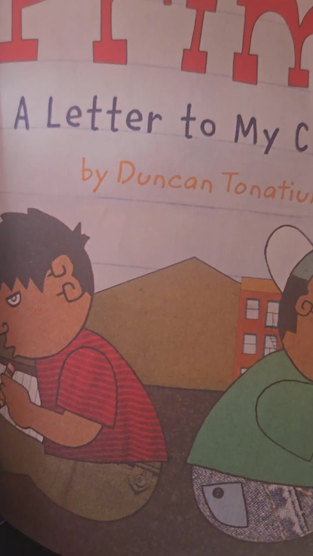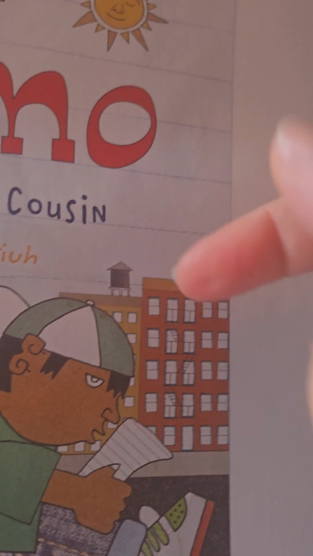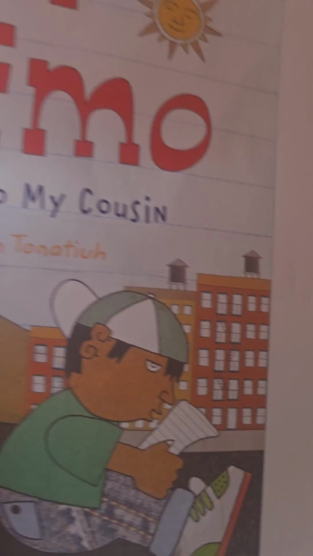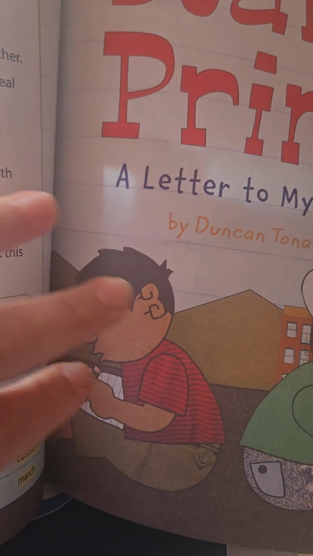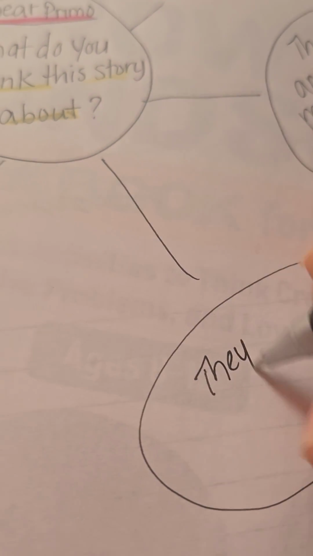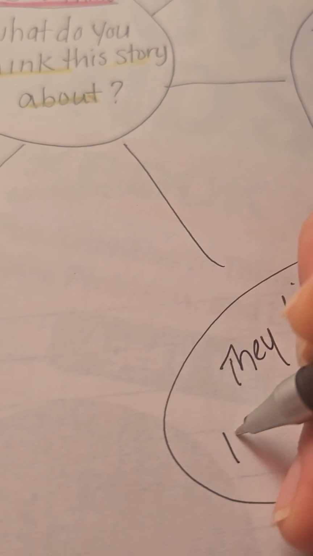We could also look at the background, which tells something. This one has buildings that are really high, lots of windows. And then this one right here, it looks more like mountains. So that also describes the setting, the location, where and when it's taking place. So we could say they live in different places. And we could have kids be more detailed.